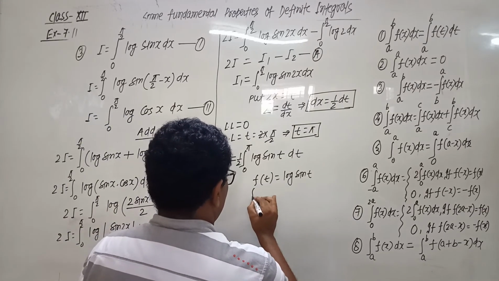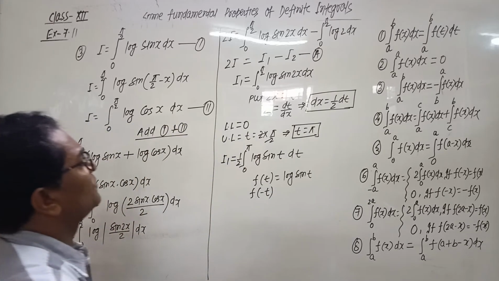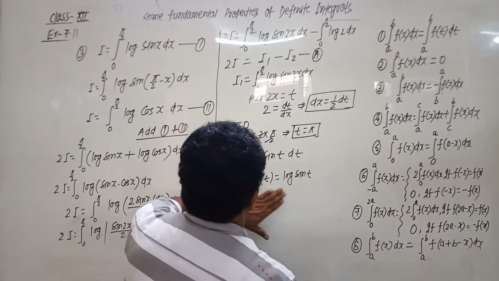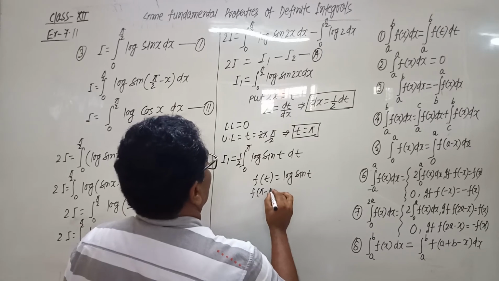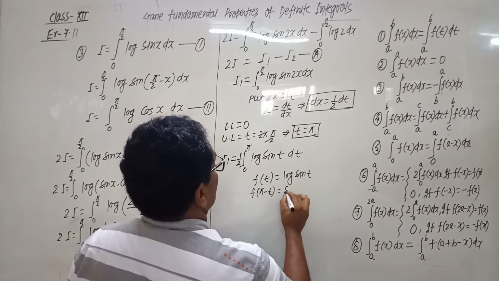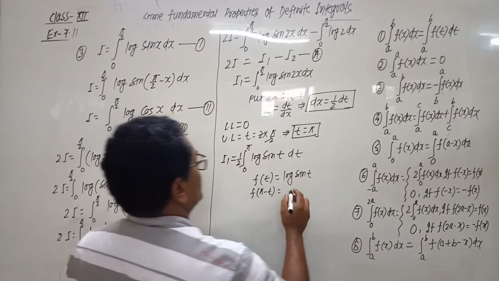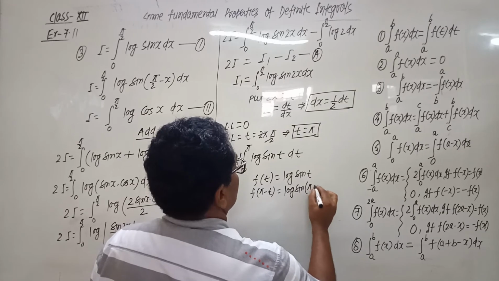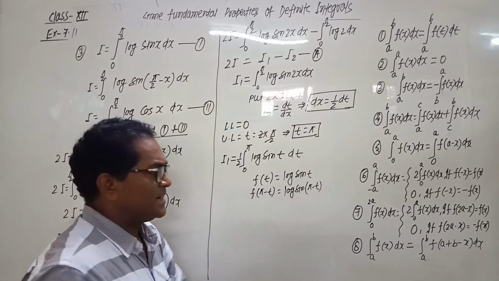So f of pi minus t becomes log sin(pi minus t), that is log sin(180 minus theta).